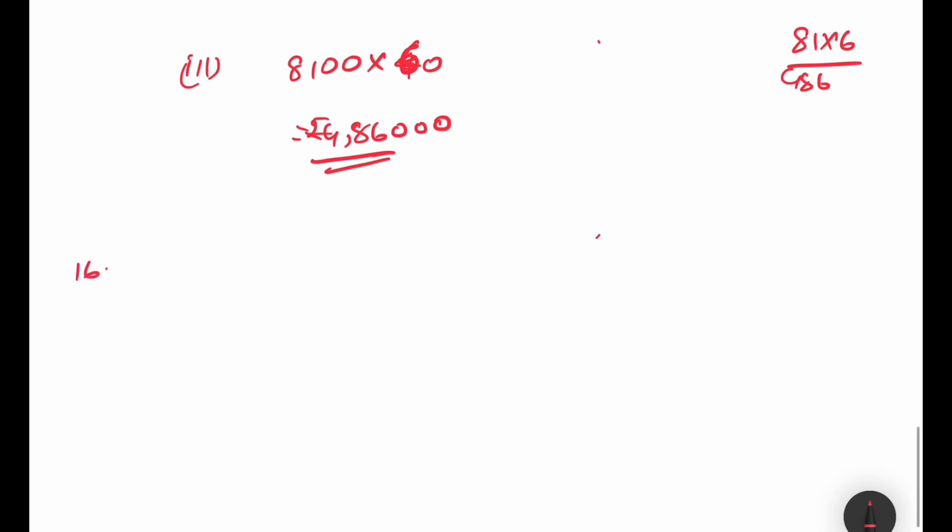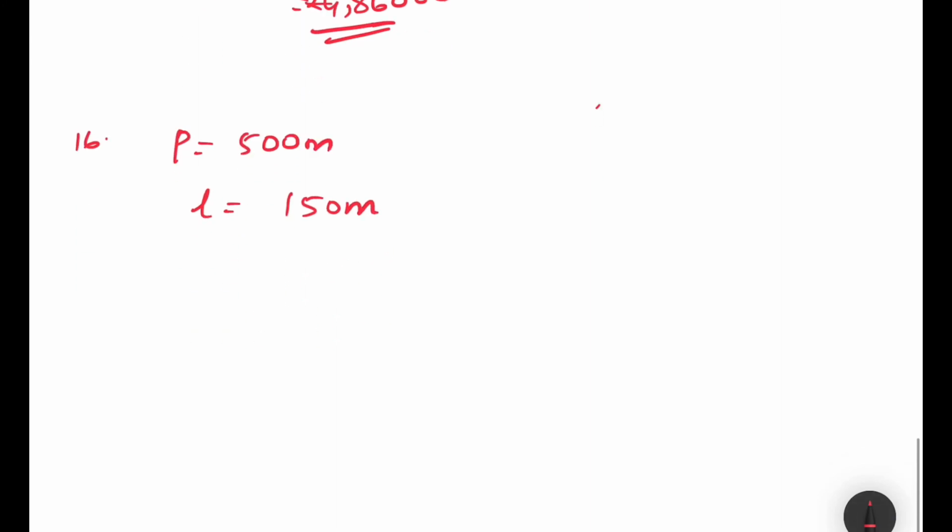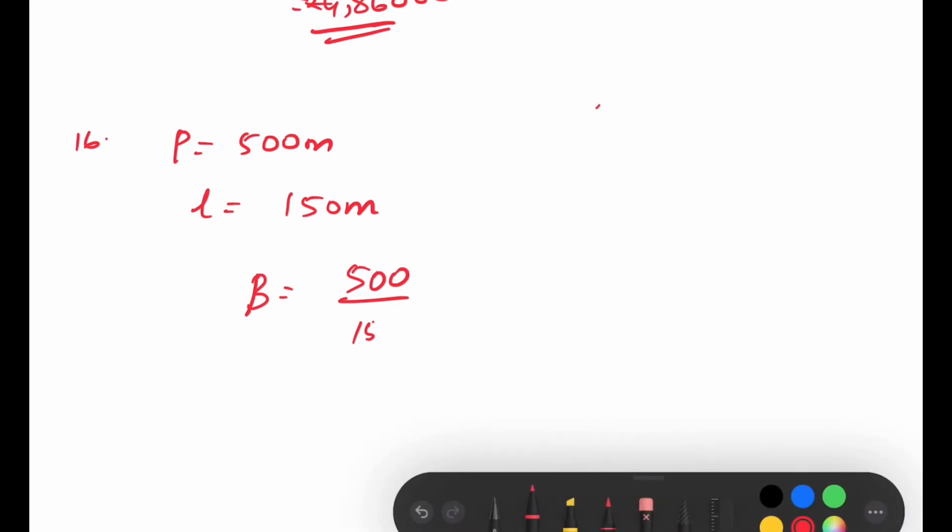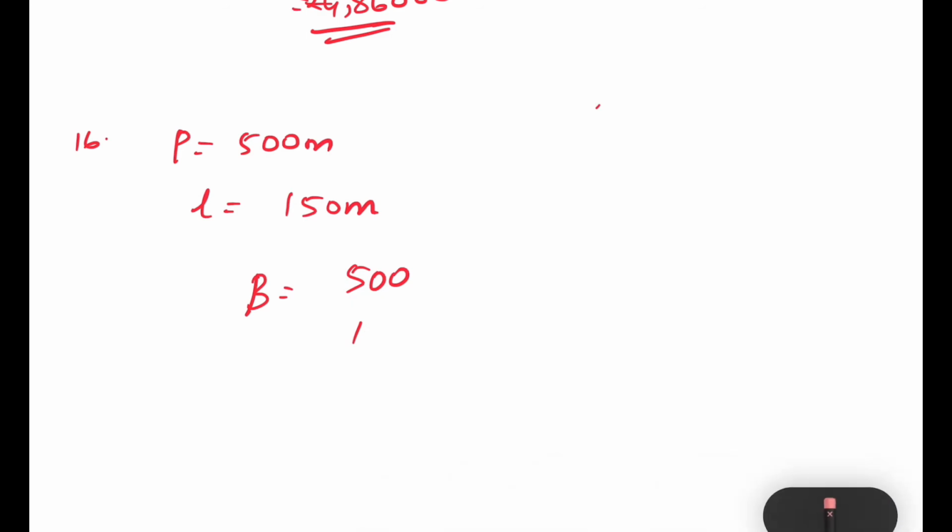Okay, coming to question number 16. The perimeter of a rectangle is 500 meters. Length is equal to 150 meters. Find its breadth. Perimeter is given here, right? When perimeter is given, you already know how to find the breadth.